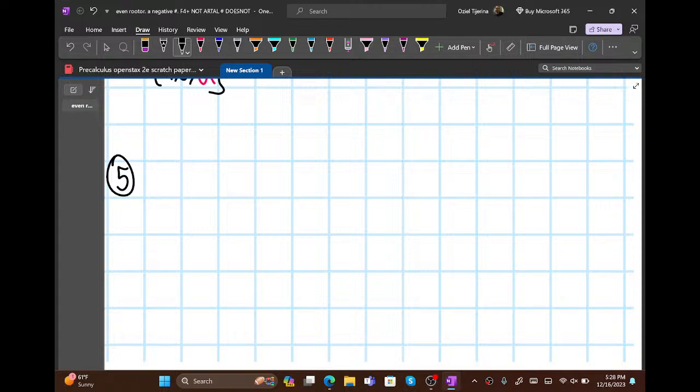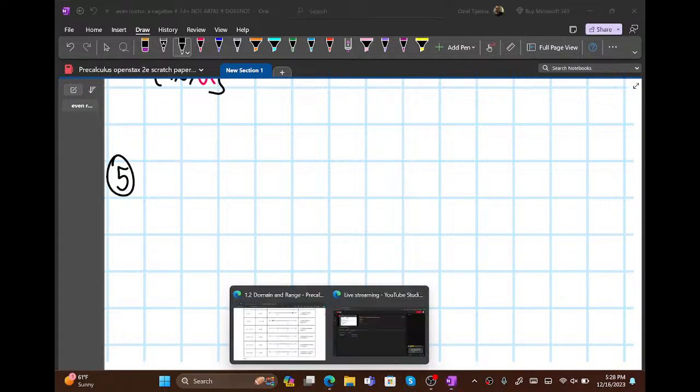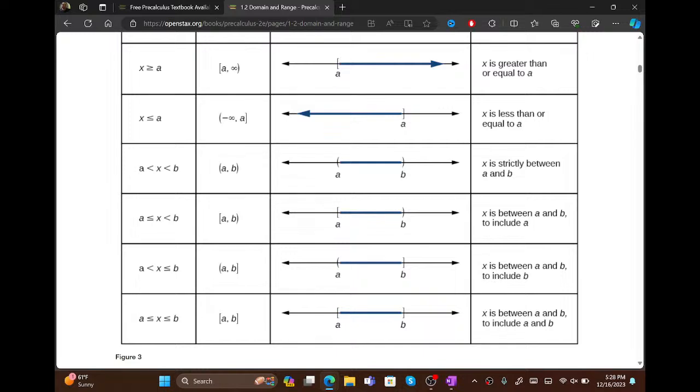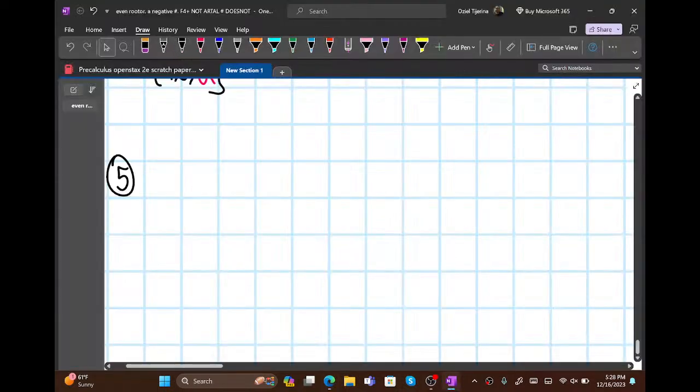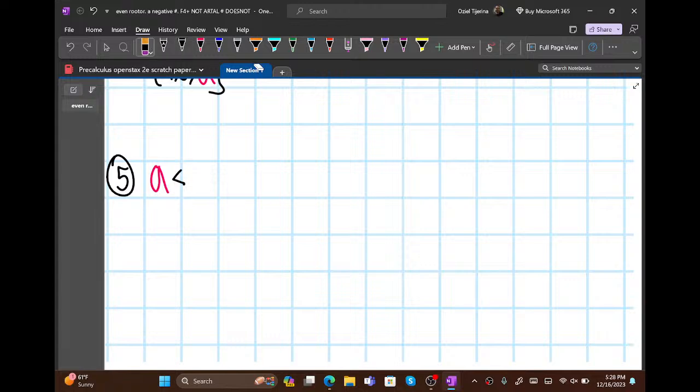A less than x less than b. And again, I'm just going to state how you read it.